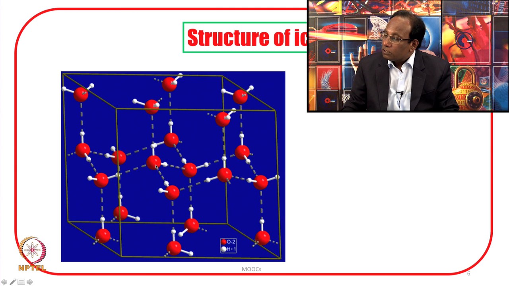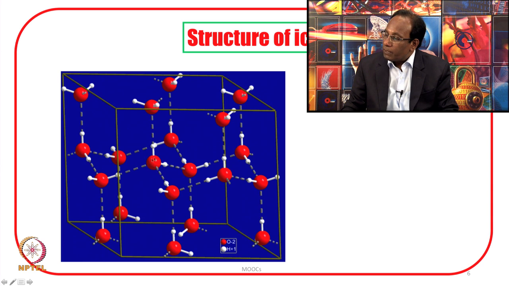Here, each red sphere, which is oxygen, is connected to two hydrogens by covalent bonds, and at the same time this hydrogen which is connected to this oxygen through covalent bond is also bonded to another oxygen through hydrogen bond. So, you see each oxygen thus is connected to 4 other oxygens.